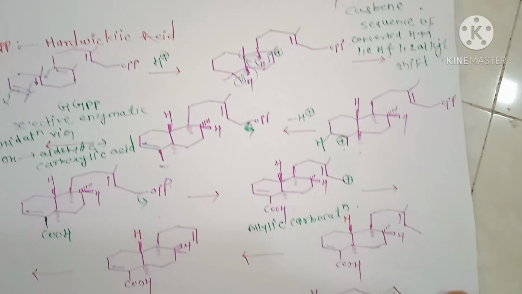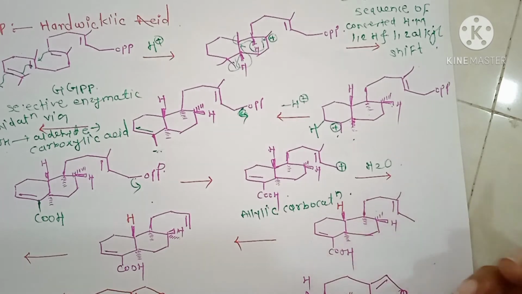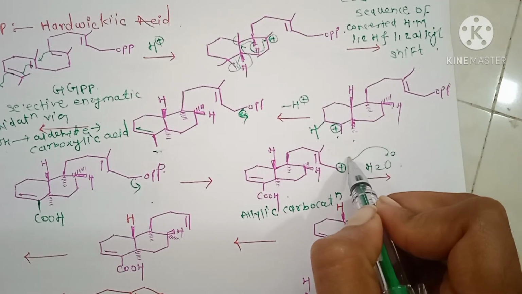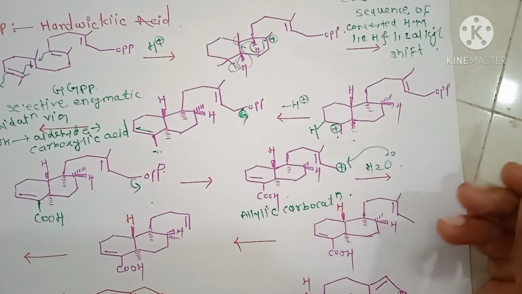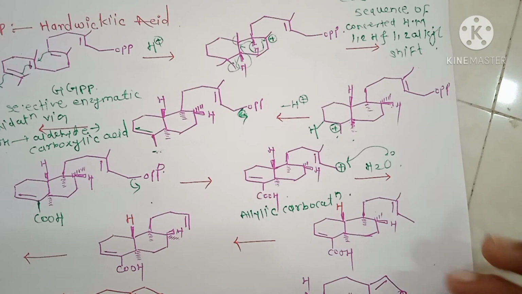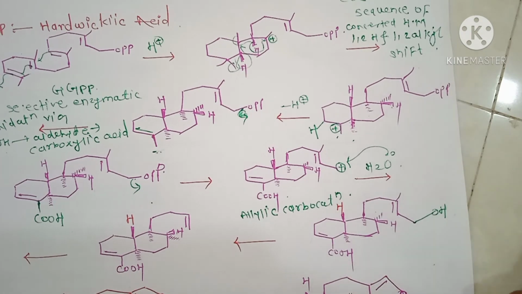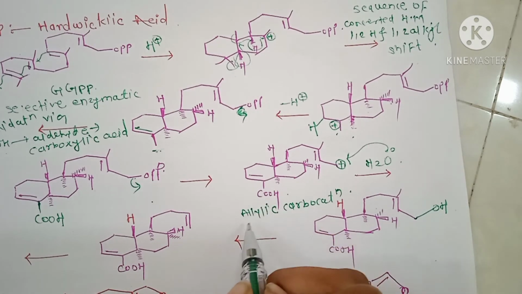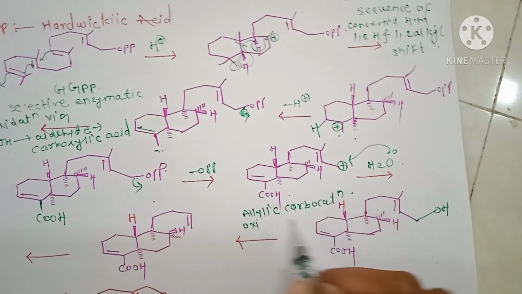Next, the addition of water molecule H2O. The lone pair of oxygen attacks here and stabilizes the positive charge, and here the formation of OH. Okay. Next step is the oxidation. Here loss of OPP.